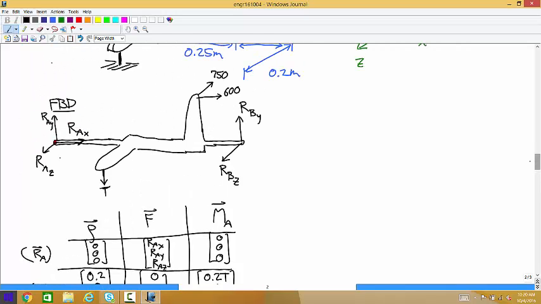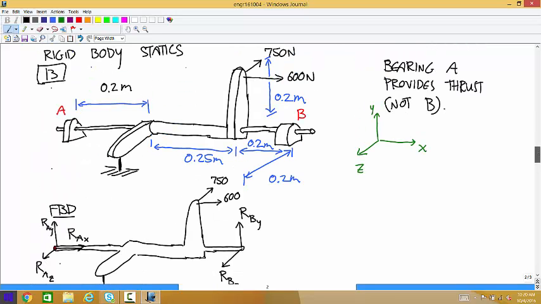The coordinates where that's applied, you go 0.2 and then 0.25 in x, so 0.45 in x, and then you go vertically 0.2 meters in the positive y direction, so that's 0.45, 0.20.